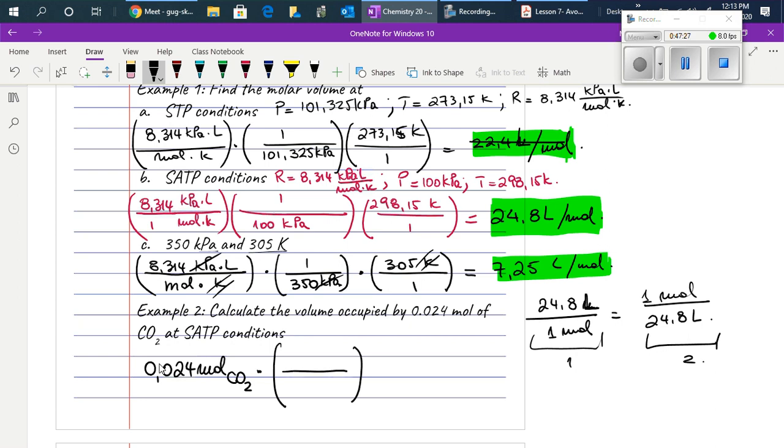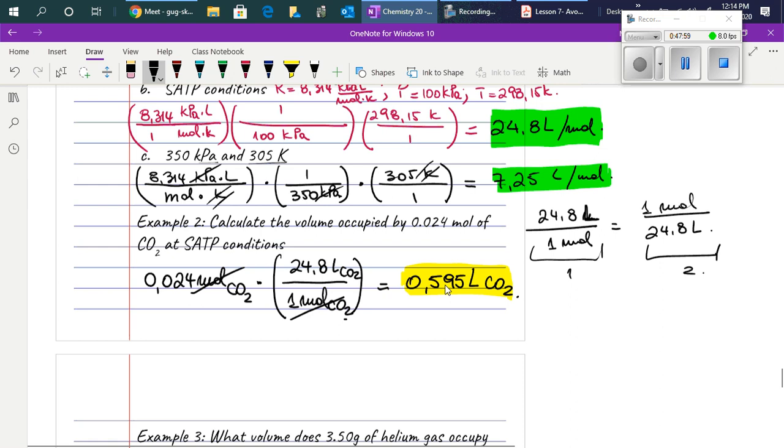The units of mole will be 24.8 liters of carbon dioxide over 1 mole of carbon dioxide. So moles and moles cancel out, and then you end up with 0.595 liters of carbon dioxide, and this will be your final answer.